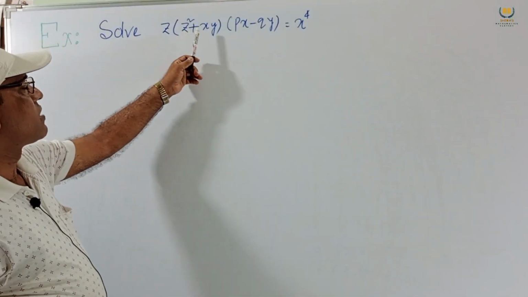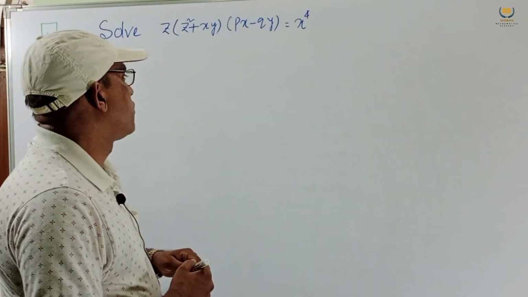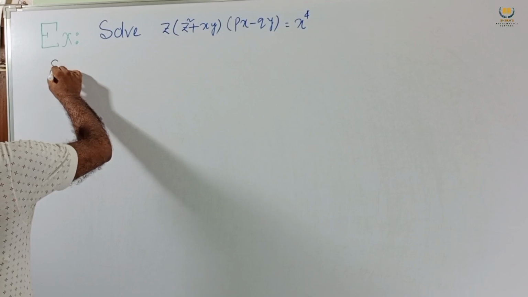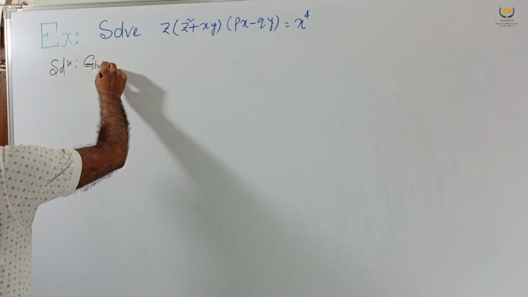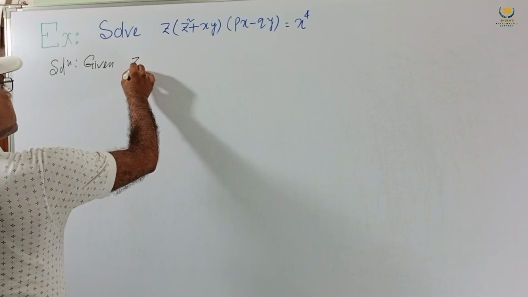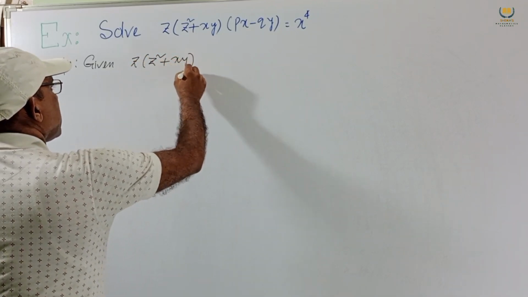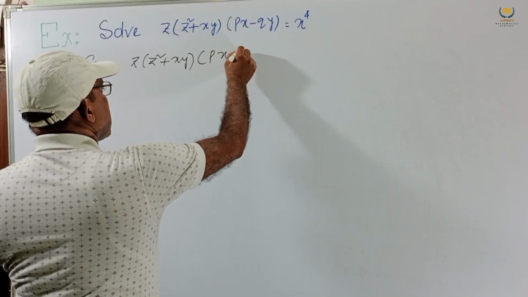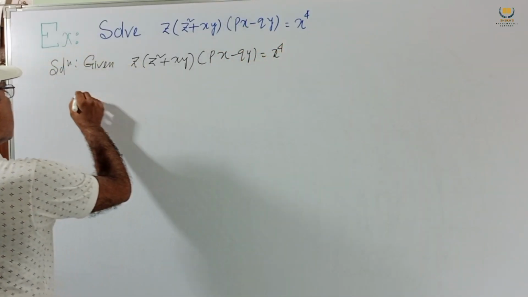Solve z times z square plus xy, px minus qy equals x to the power 4. We want to solve this problem. So given z times z square plus xy, px minus qy equals x to the power 4.